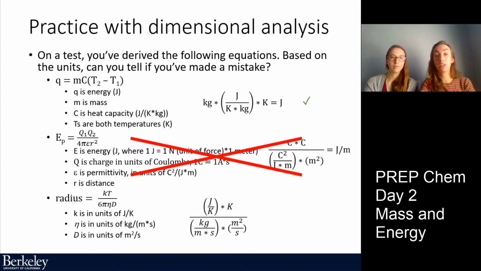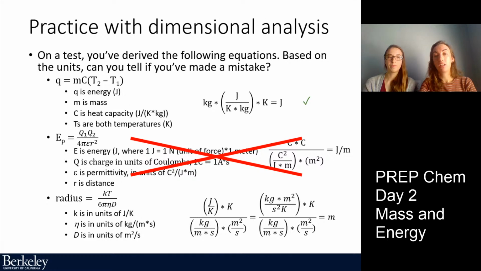But what you have to remember is that joules are a derived unit. That means a joule is built up from other units. So a joule is equivalent to kilograms times meters squared divided by seconds squared. So when you make that substitution for joules, now we can cancel out our kilograms, we can cancel out all our seconds, and we end up back in meters.